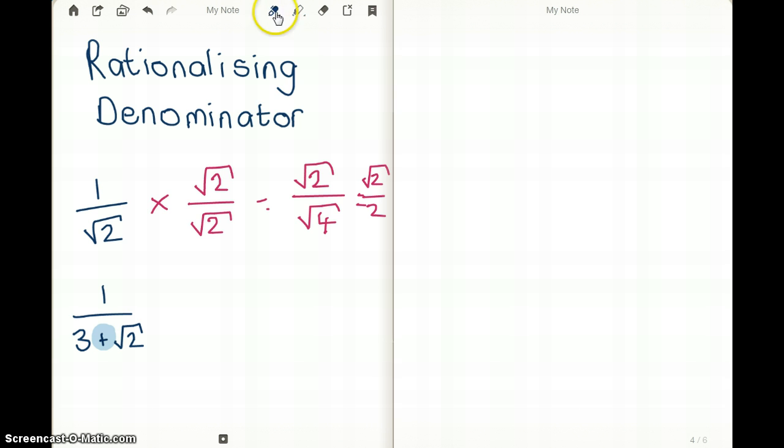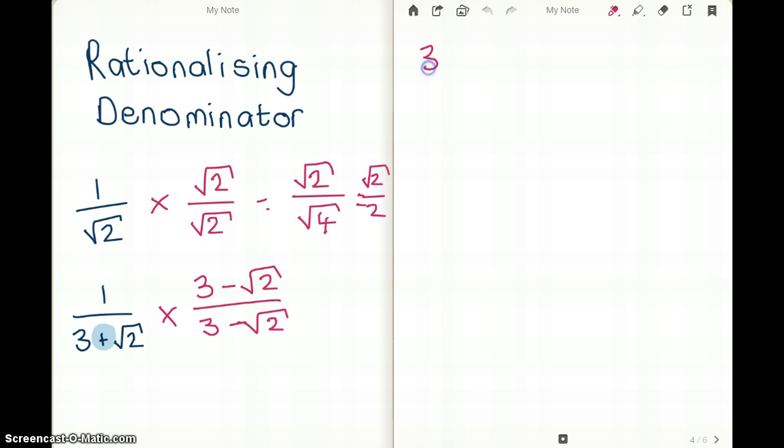So in this case, when I times the top and bottom, I'm going to multiply the top and bottom by 3 minus root 2. So the top line, pretty simple. 1 times 3 minus root 2 is just 3 minus root 2. And the bottom line becomes 3 plus root 2 times by 3 minus root 2.